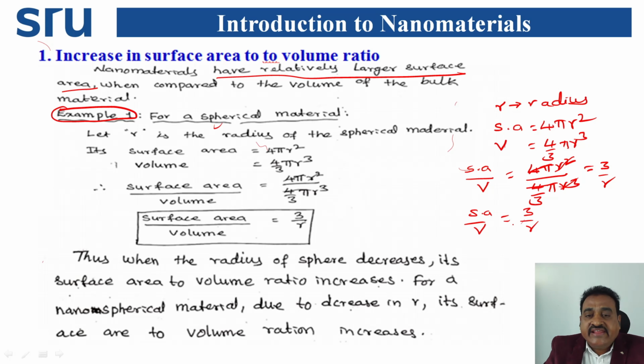So when the bulk material is divided into small pieces, the radius of the spherical material decreases, then the surface area to volume ratio increases. When the radius of a sphere decreases, its surface area to volume ratio increases. For a nano spherical material, due to the smaller radius value, its surface area to volume ratio increases.